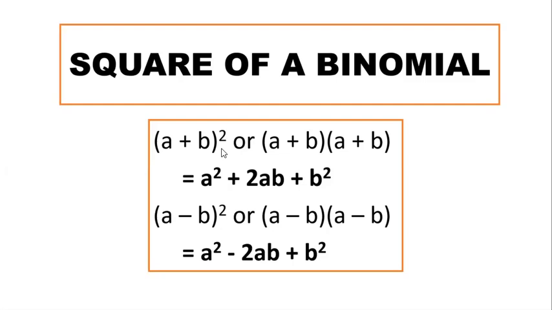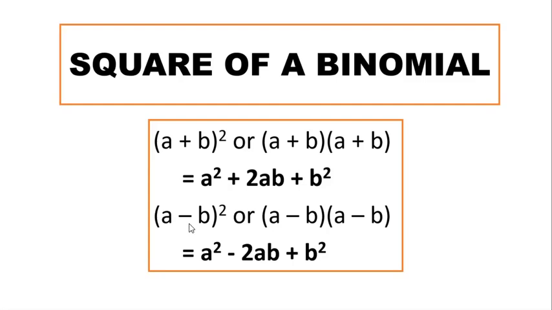And if the binomial is multiplied by itself and the operation used to separate the two terms is addition, then the pattern is this one, a squared plus 2ab plus b squared.